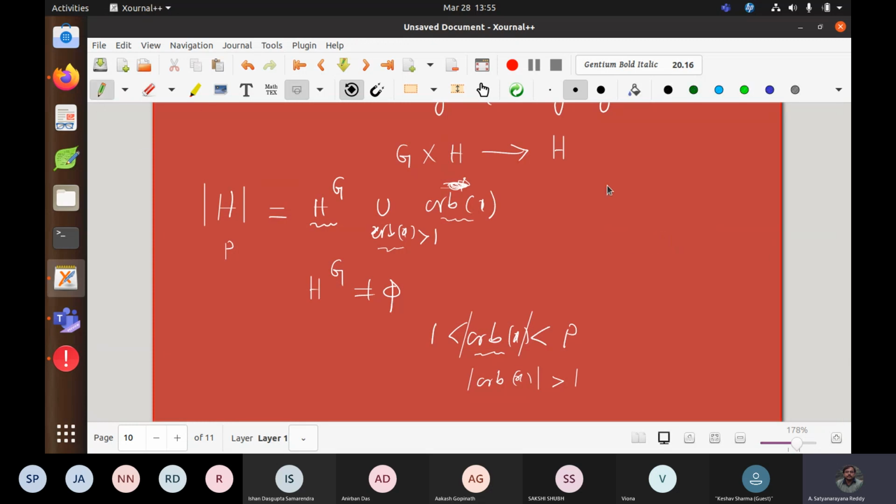See, that is a beauty. G is a set, X is a set, and when G acts on X there is a partition. If they are finite sets, the orbit size divides the order of the group.